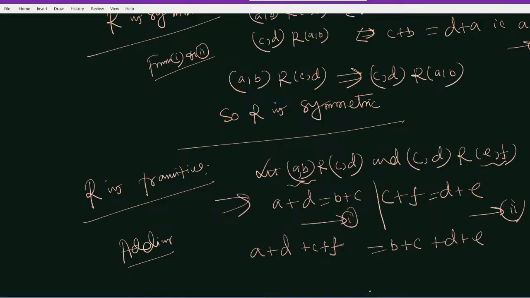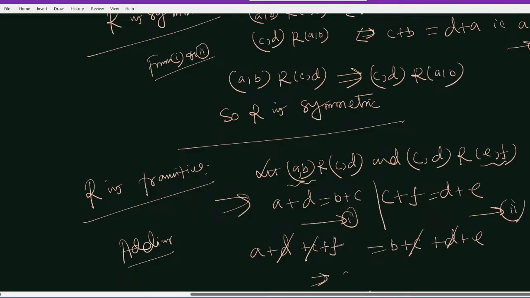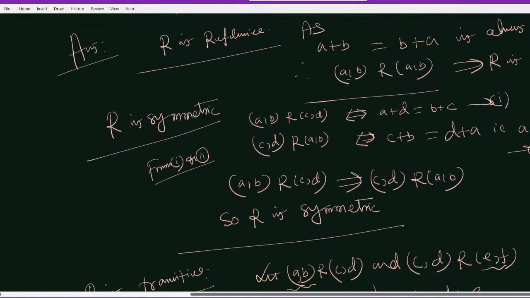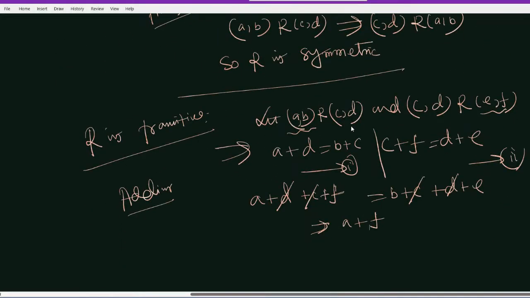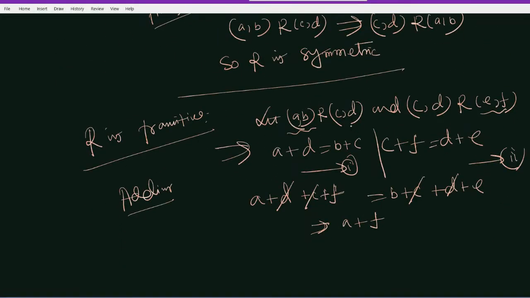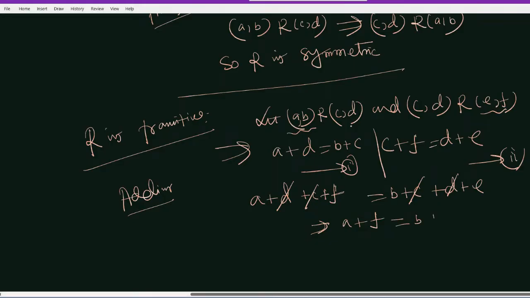Then what do you get? This implies A plus F equals B plus E. What's the relation? Am I getting that? First plus fourth, second plus third. You getting that? Yes. Therefore AB is related to EF.